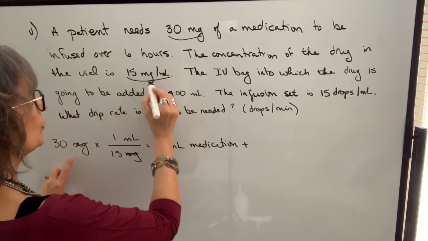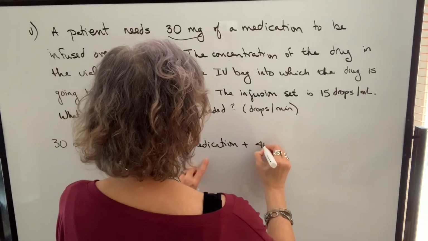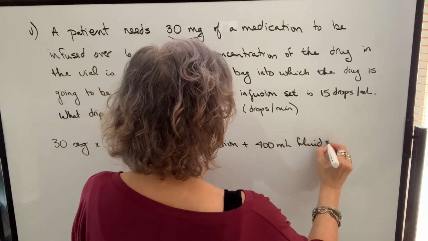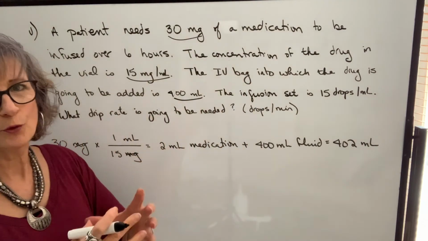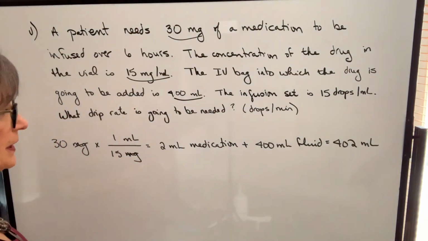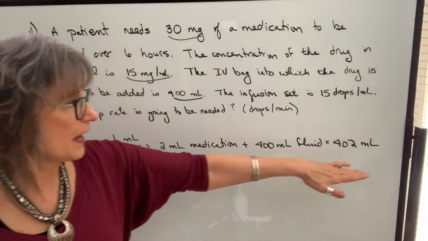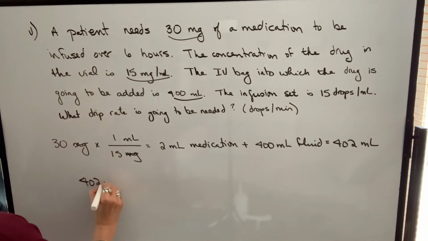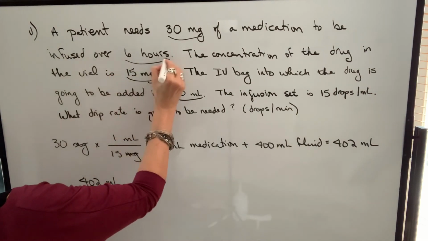We also need 400 milliliters of fluid. So together we're going to have 402 milliliters of both the drug and the fluid. So to find the drip rate, we start with that volume, 402 milliliters, over our time of 6 hours.